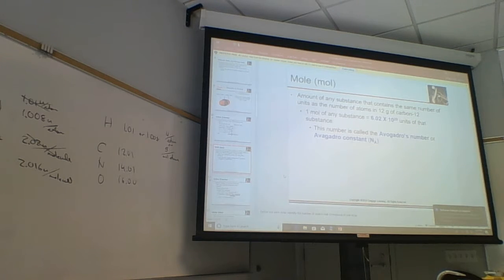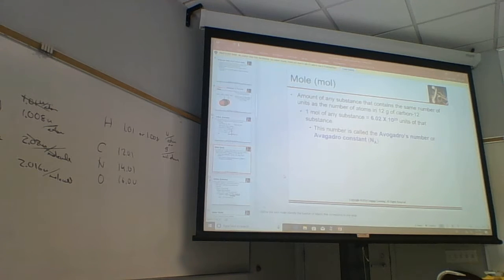And then we're going to count the number. We aren't literally going to count them like 1, 2, 3, 4. We're going to calculate them, but essentially it's count the number of carbon-12 atoms.